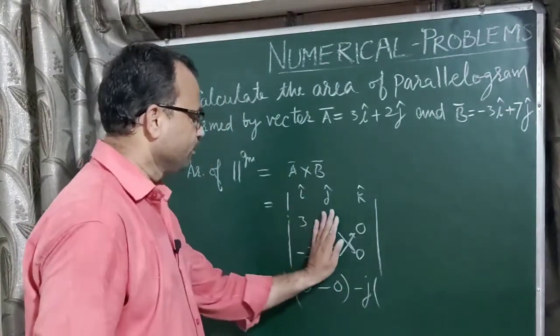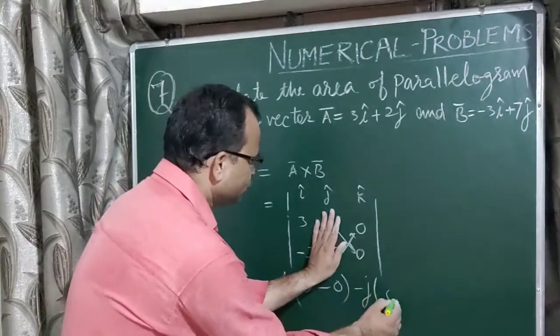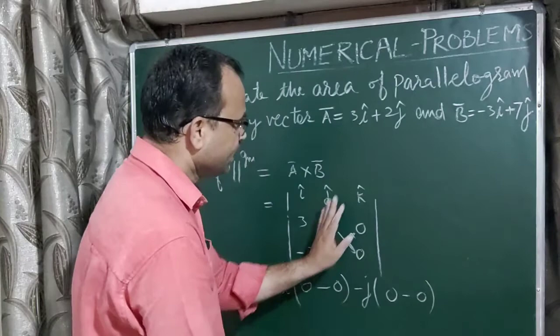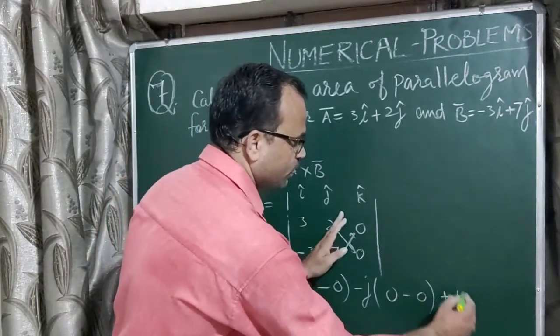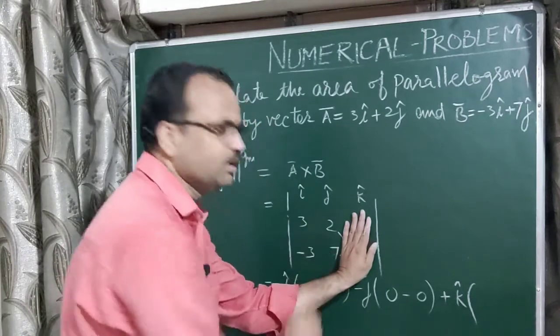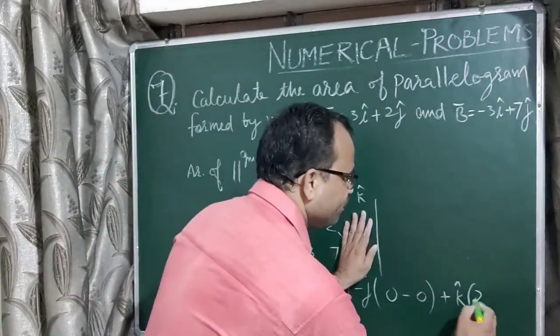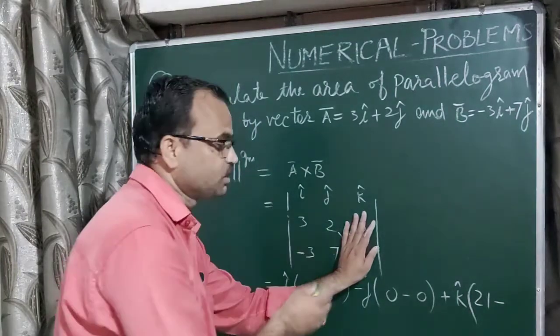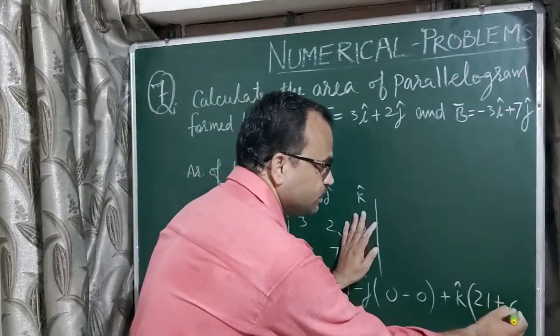Now hide the j. So 3 into 0, 0, minus 3 into 0, again 0, then plus k. Now hide the value of k. So 3 sevens are 21, minus sign, then 3 twos are 6, minus 6, minus minus plus 6.